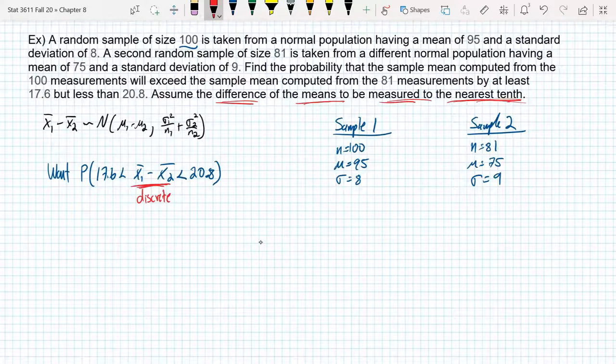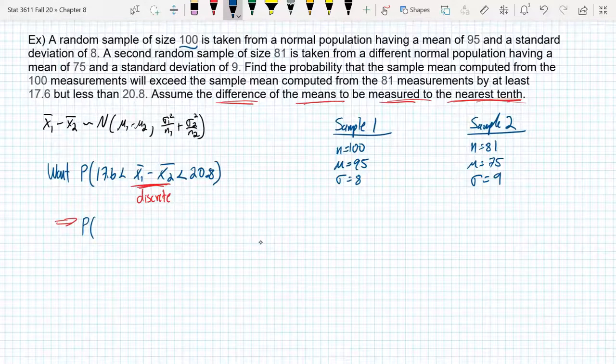And so we are now using a normal curve to approximate a discrete problem, so we should apply a continuity correction. What do we need to look at rounding for, in terms of the nearest tenth?